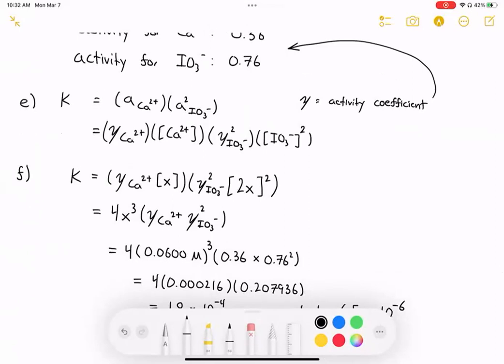If we were to do activity coefficients, we can actually look it up. There should be a table of them somewhere.